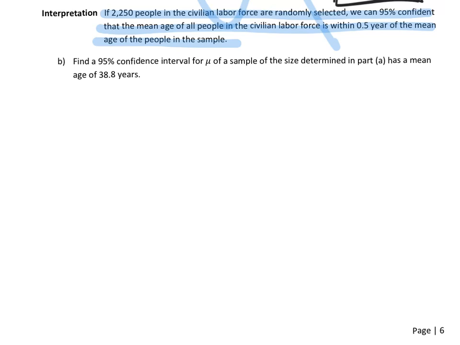If we take 2250 people, we survey 2250 people, then we satisfy the 95% confidence level, and we can make an estimation within 0.5, based on the assumed sigma, the assumed population standard deviation. So that is the way to get the sample size.